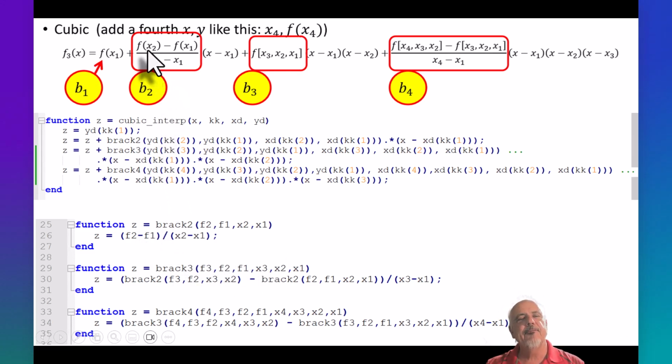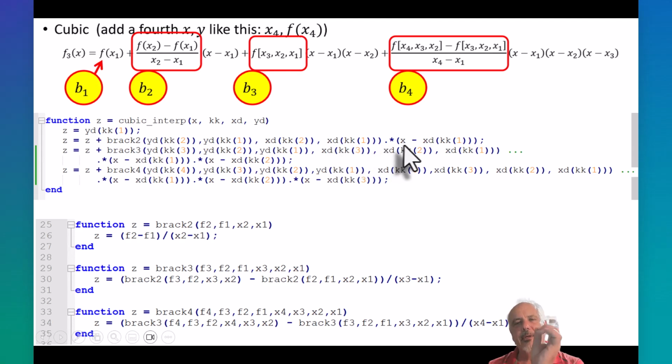I've got f of x2 minus f of x1, that's my numerator, and the denominator is x2 minus x1. So brac2 is just trivial, and I'm doing brac2 right there, with the y's being my f's, 2, 1, 2, 1.